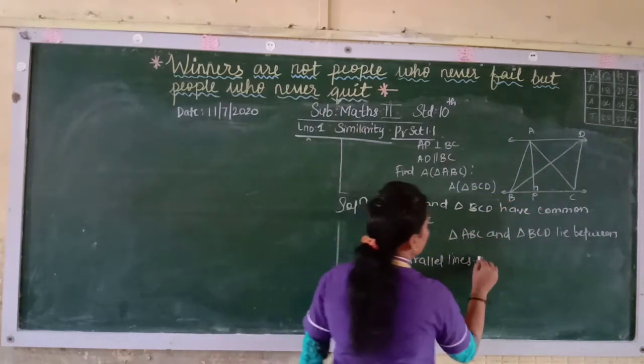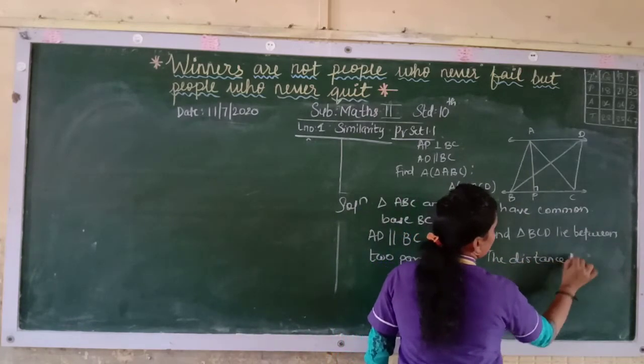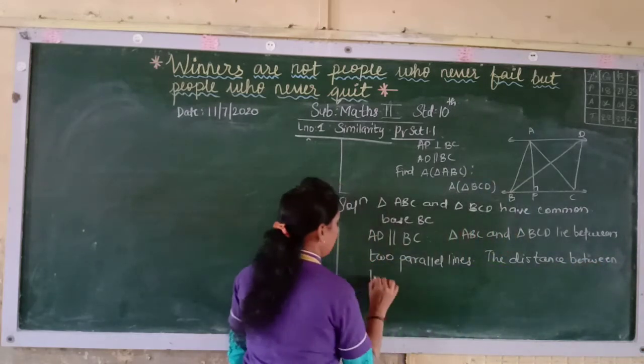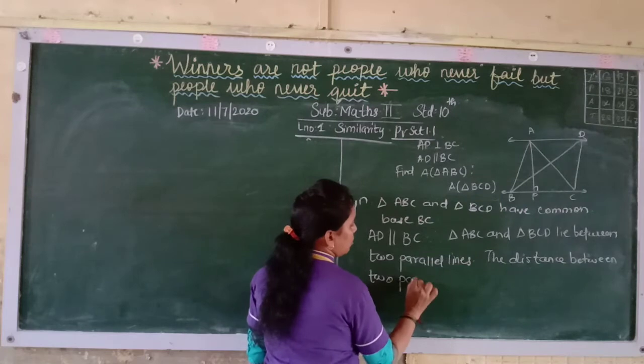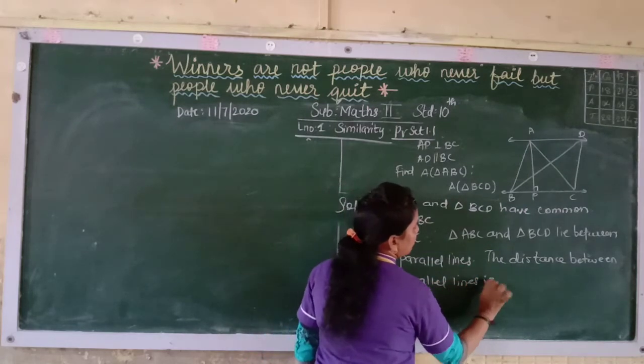So what you can write over here? The distance between two parallel lines is constant.